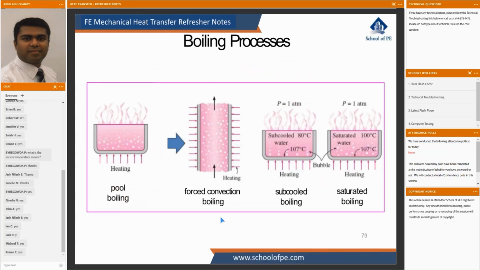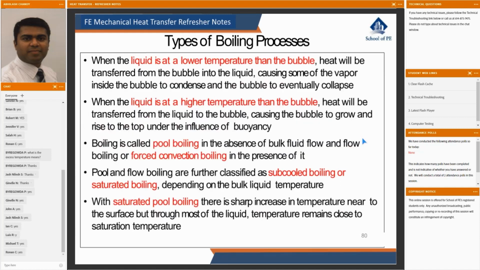So in subcooled boiling or saturated boiling, here you will see that the water around is at a lower temperature, but near the surface you have a much higher temperature. Here they have shown it as 107 C, whereas around everywhere else it's like 80 degrees C or 100 degrees C, as in close to the saturation temperature. So there is a sharp increase in temperature near the surface, but through most of the liquid the temperature remains close to the saturation temperature.